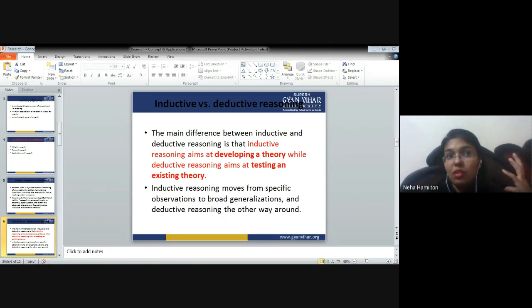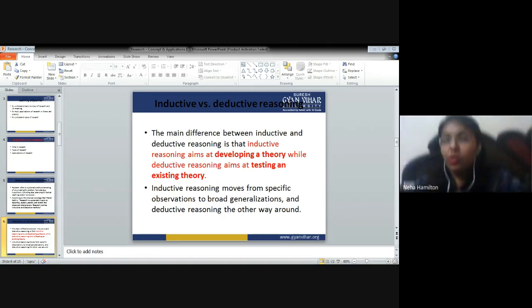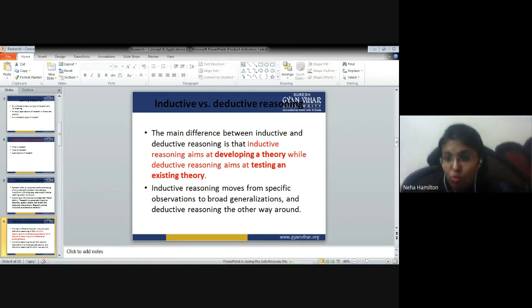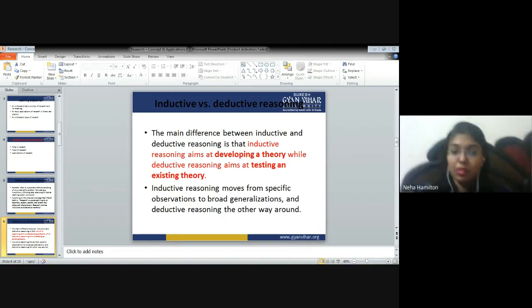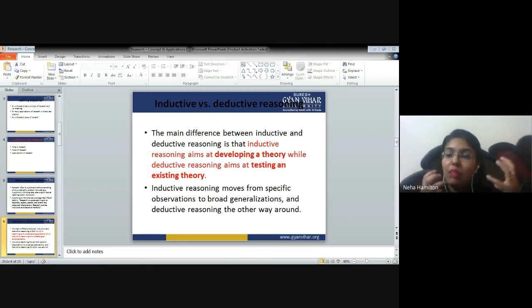When you are in the very initial stages of research, where you have just started doing a particular research, you are not clear about what is going to happen next, in what direction your research is going to go, you are not aware of that, right? So that is basically inductive reasoning, when the phenomena is new, when the phenomena is novel, and you are just collecting evidence to do a particular research.